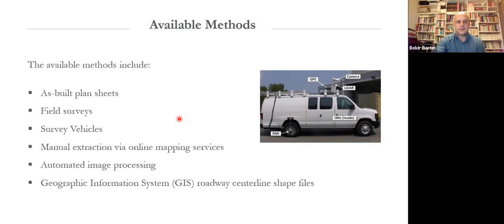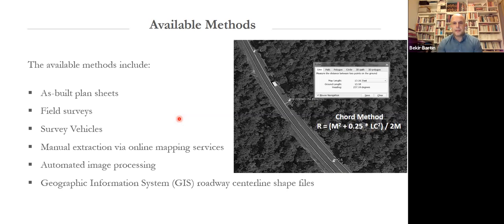The other one is manual extraction. This is one of the methods that has been widely used by many researchers because it is quite, I wouldn't say easy, but it is way better than the other methods, the field surveys and the survey vehicles, because it's faster.